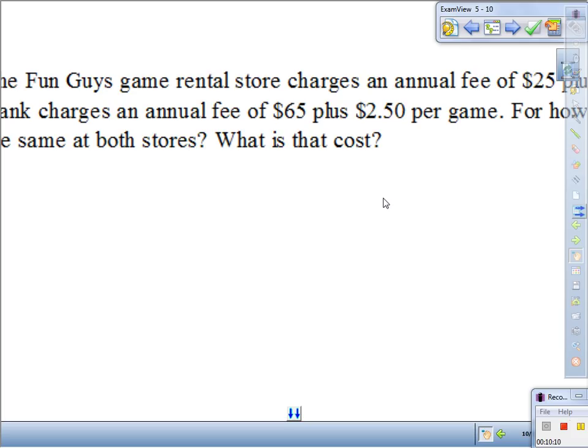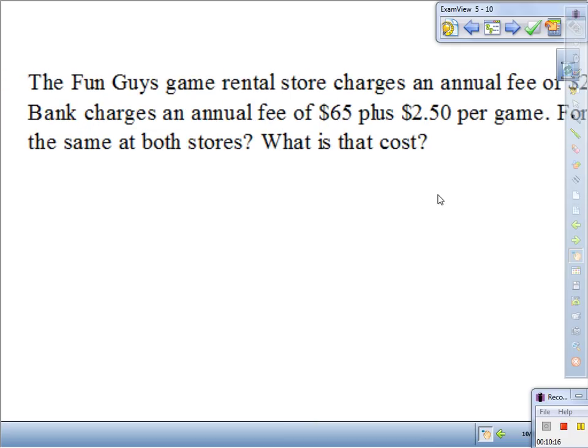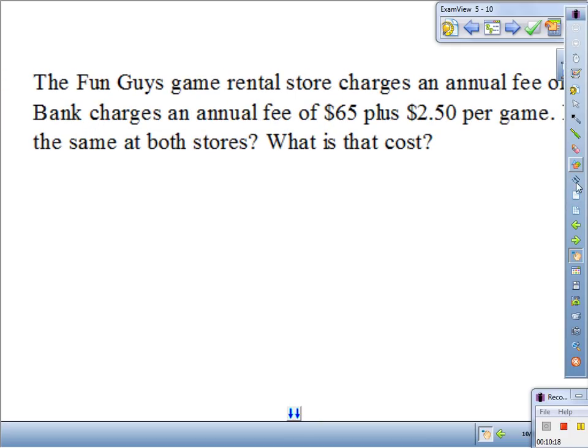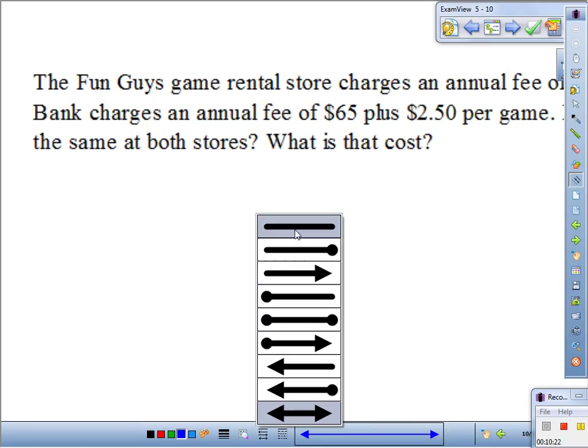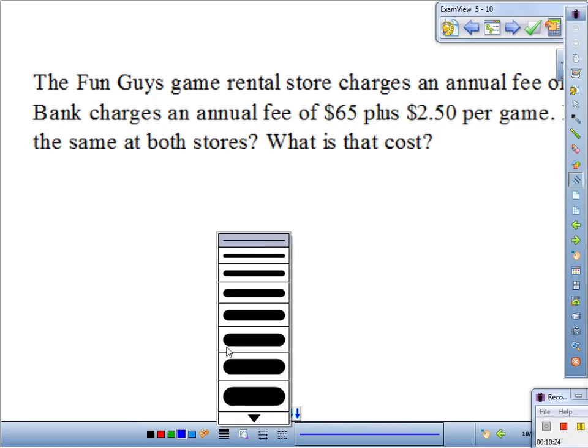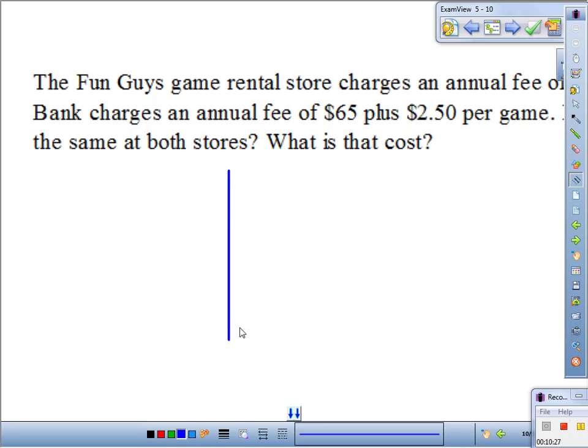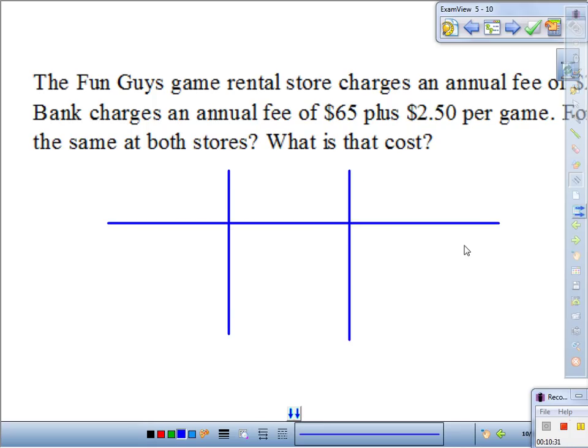So this one is no longer 3 lines down. If it's 2 stores, how many lines? 2. So we're going to draw 2 lines down. Julian, focus. 2 lines down, 1 across. 2 across.